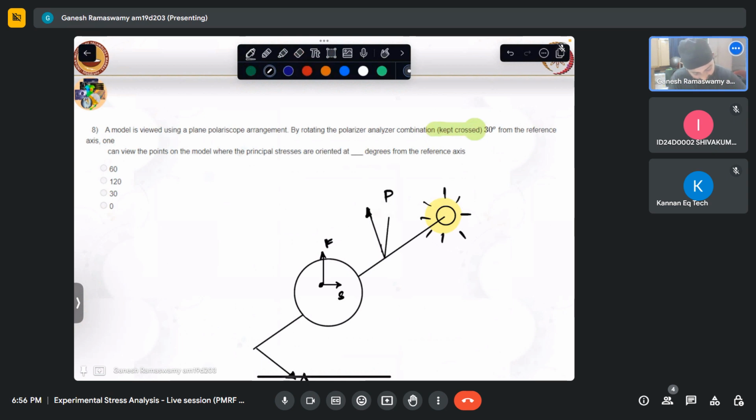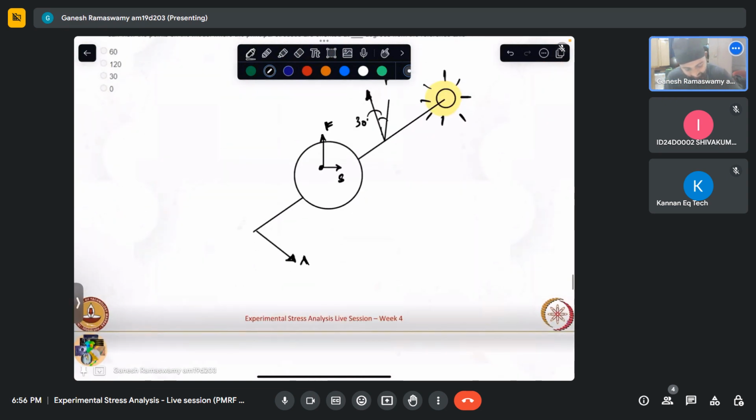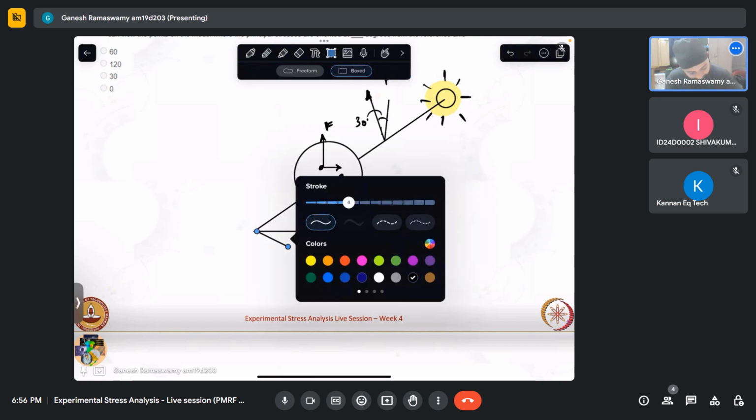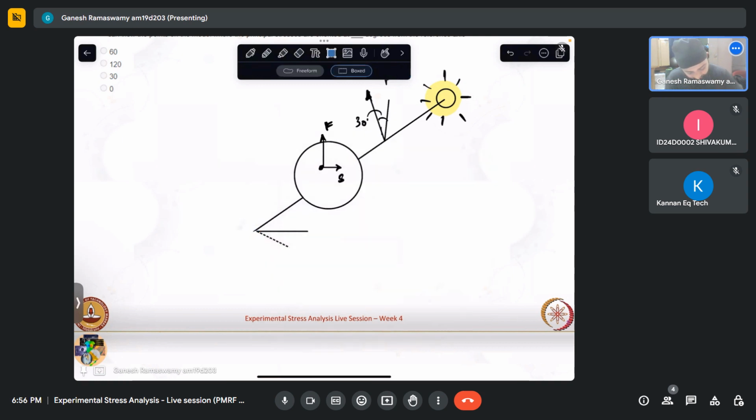This is 30 degrees. Hence this also I should rotate because these are kept crossed. So this is my analyzer. This is also 30 degrees is what we are saying.